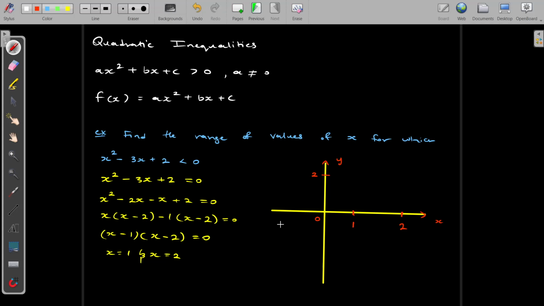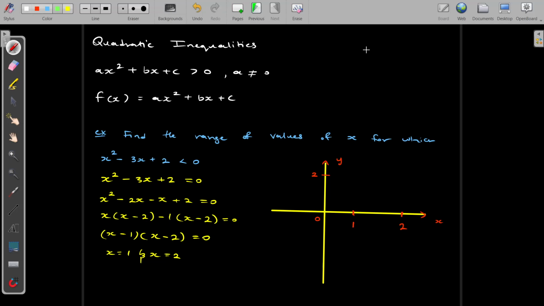So the only other thing we would need from this is to find the minimum value of the graph. And remember how to find the minimum value. We can find that minimum value by saying x is equal to negative b over 2a.